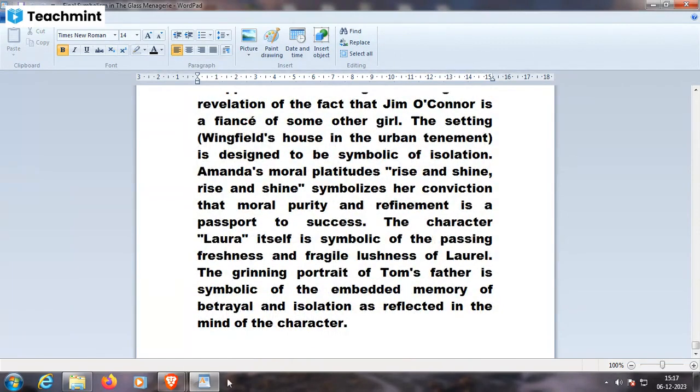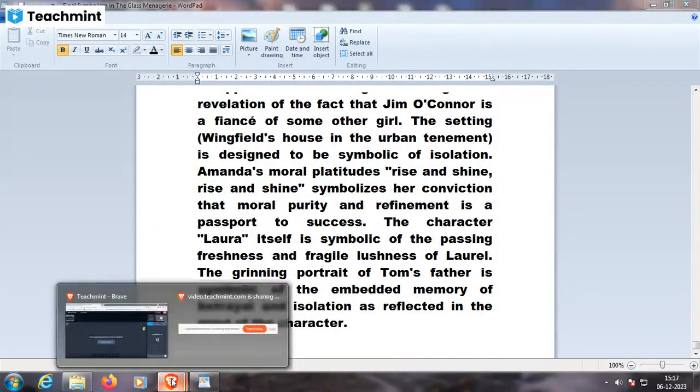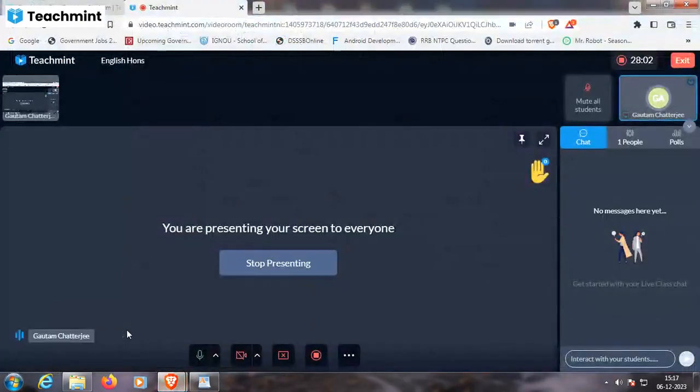So what do we see? We see that this glass menagerie is full of images. The images have to be taken from the perspective of the characters themselves, their behavior and their attitude towards each other, and also the existence of the story.